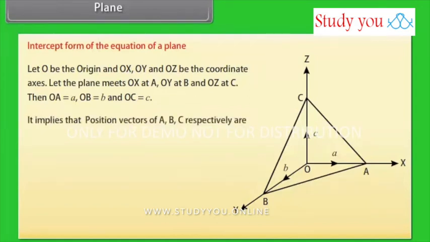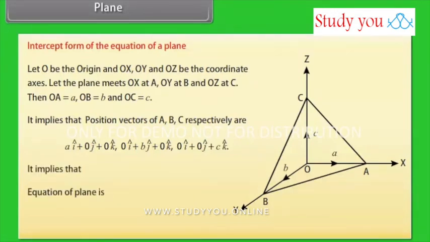It implies that position vectors of A, B, and C respectively are a î plus 0 ĵ plus 0 k̂, 0 î plus b ĵ plus 0 k̂, and 0 î plus 0 ĵ plus c k̂. It implies that the equation of plane is x by a plus y by b plus z by c equals 1.